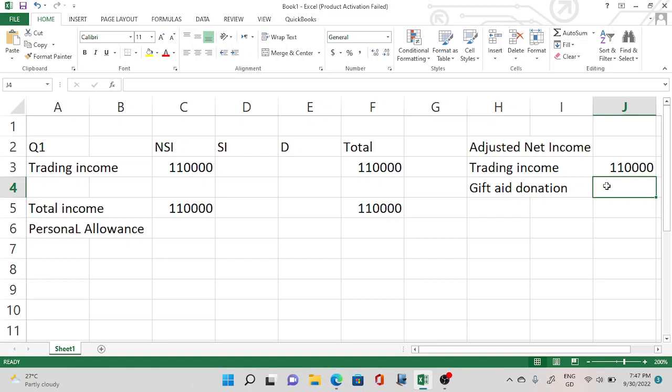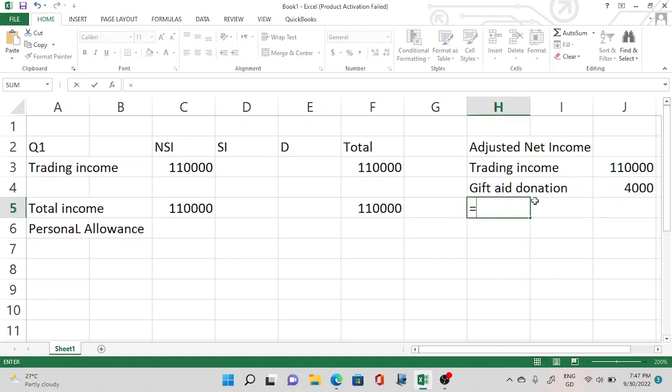Even if the net amount is given, first convert it into gross by dividing it by 0.8. That's the formula I'm telling you, so you always need the gross amount. Due to personal pension contributions and gift aid donations, the tax bands also increase, but I'll cover this in the next questions, where we find the liability and you will understand the implication. So you will get the adjusted net income.